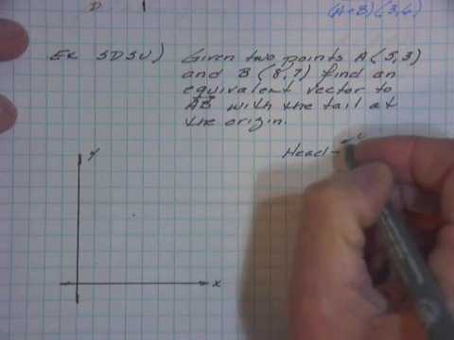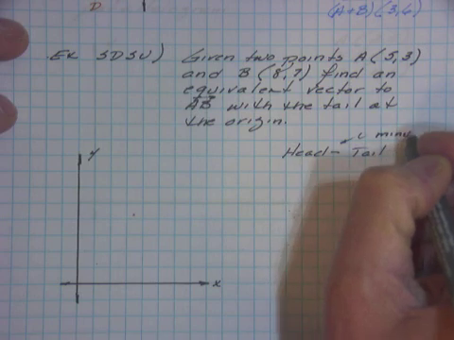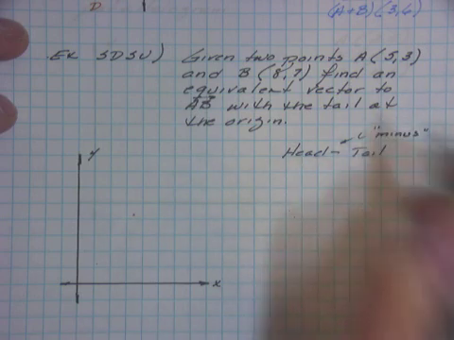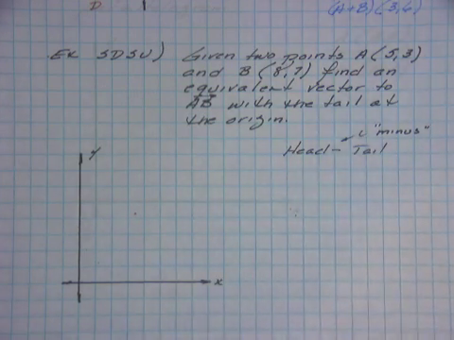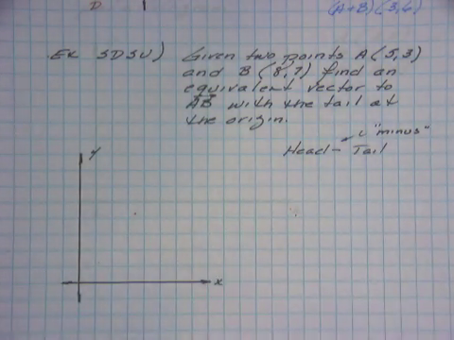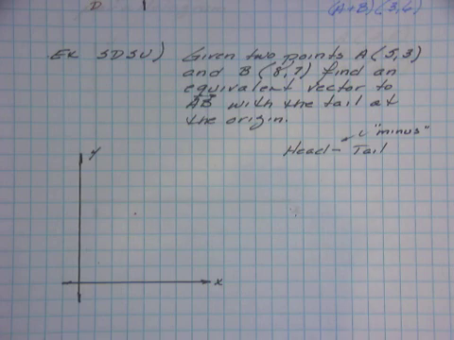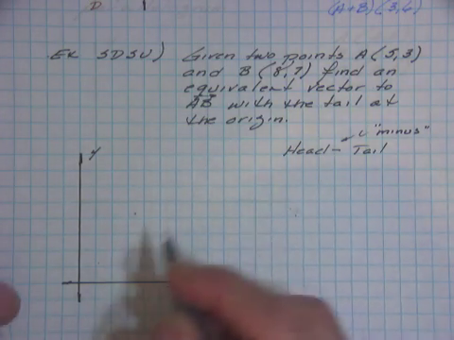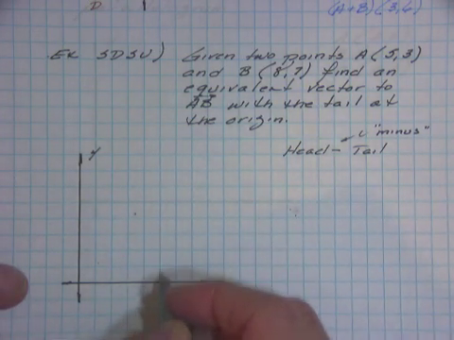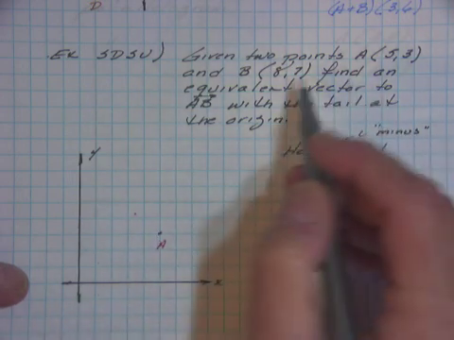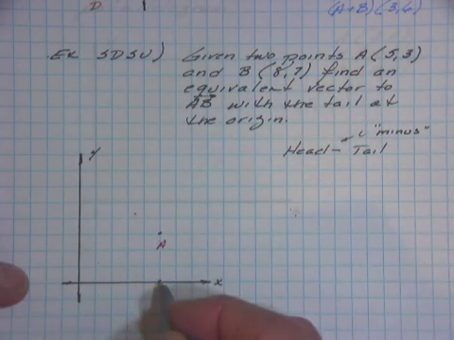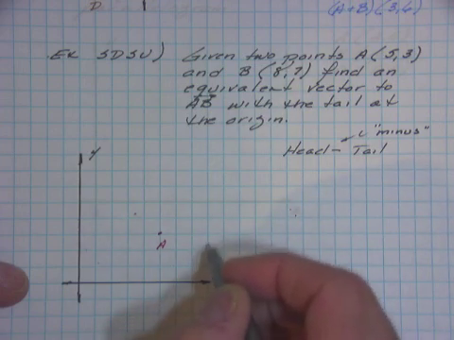All right? That's head minus tail. So let's write that down. Head minus tail. Let's draw the vector AB first, and we'll do it in red.